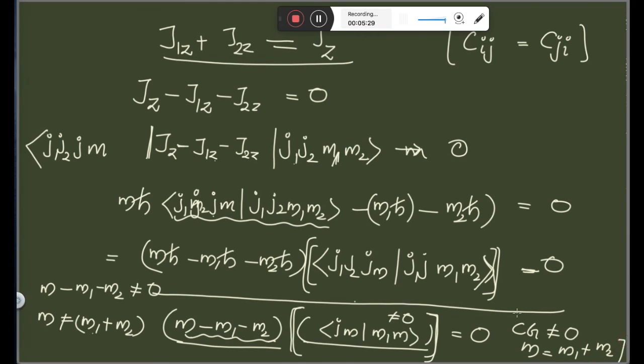So this is one of the selection rules for the CG coefficients: the coefficients connecting M1, M2 and Jm are not 0 only when M1 plus M2 is equal to the total M, and in all other cases the coefficients are 0.